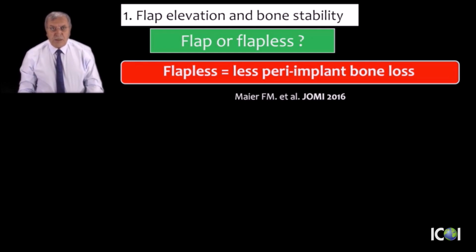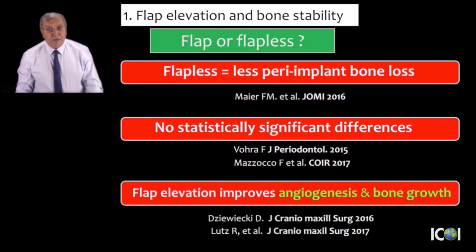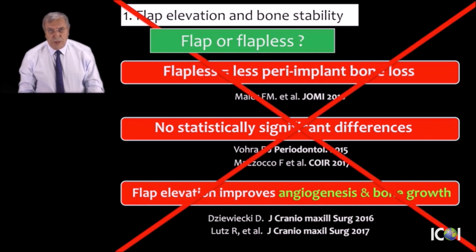Others will say there are no statistical differences. And other authors will advise you to elevate the flap in order to improve angiogenesis and bone growth. The conclusion of this review is that this is not the issue. It's not the issue of making a flap or not.